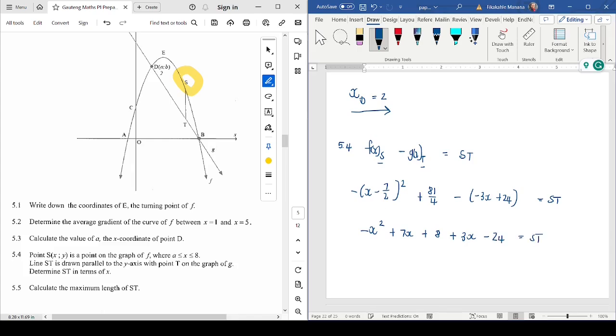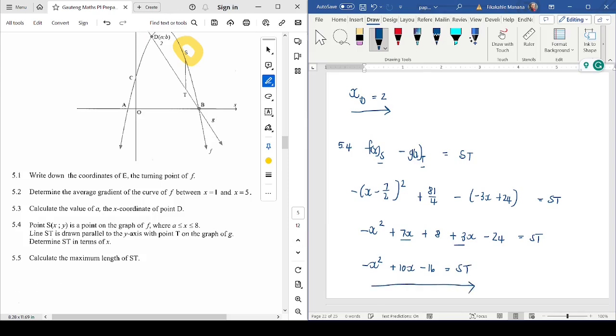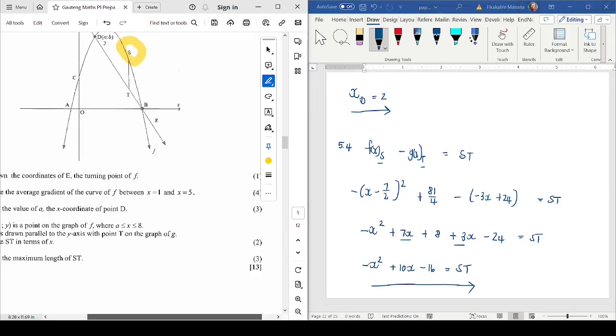And that's equal to ST. So if we simplify, we're going to get negative x squared plus 10x minus 16, and that is equal to ST. So that's ST in terms of x. And how many marks was that? 2 marks.